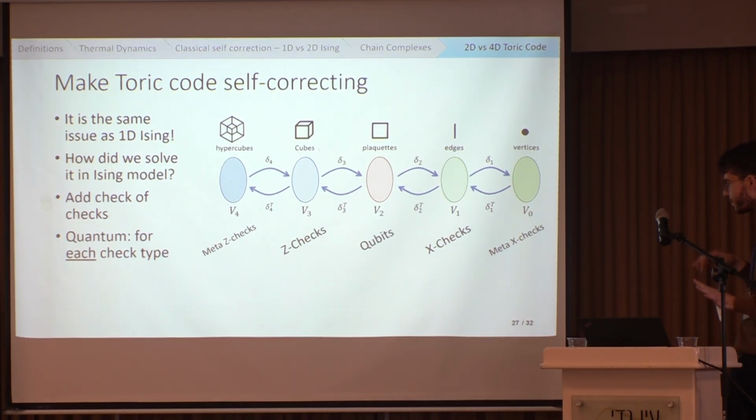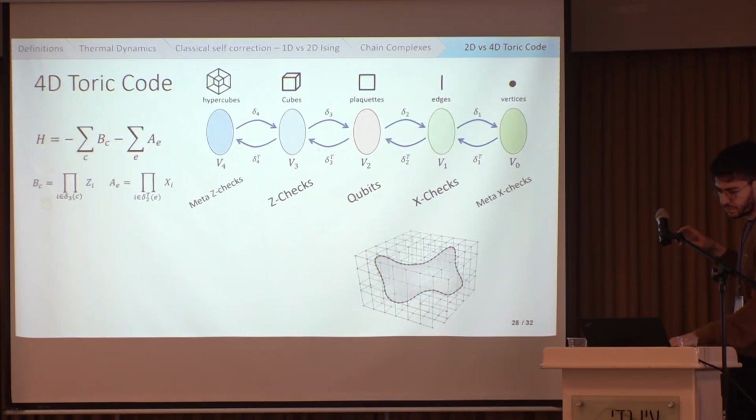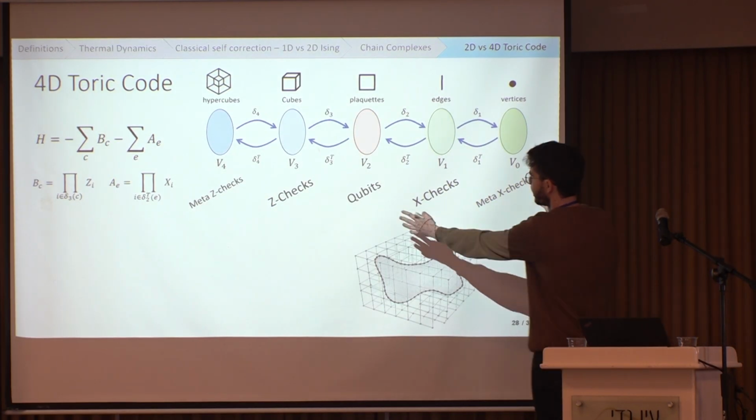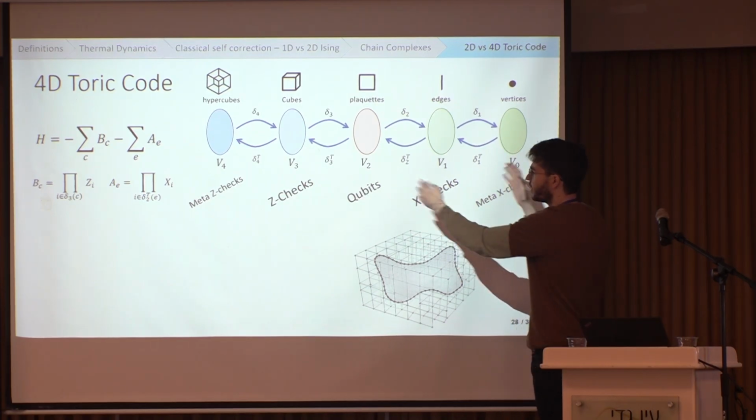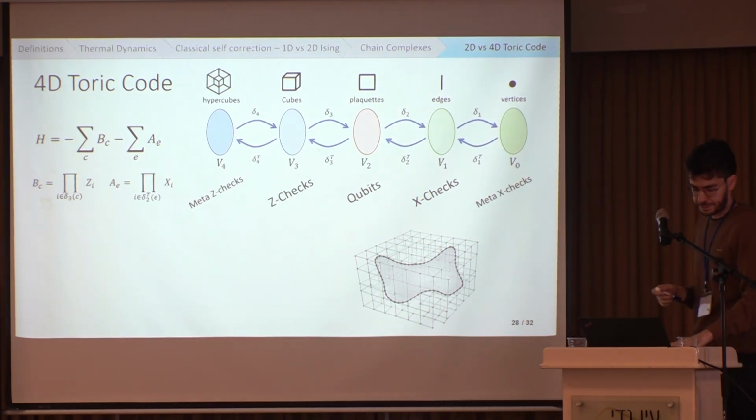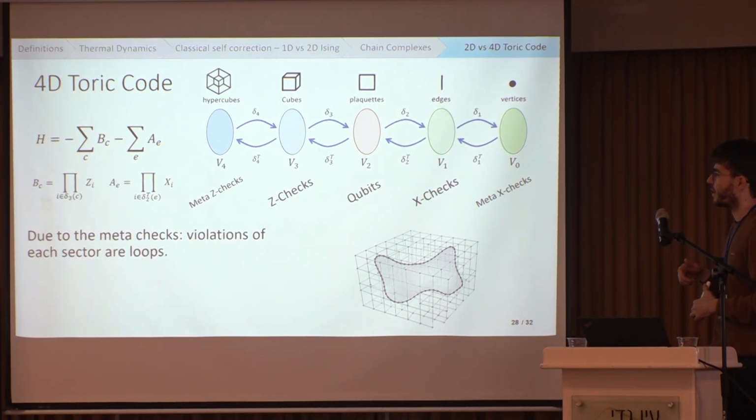The geometry of the 4D toric code is complicated, but it's not very important for the point. The point is that once we do it like this and we get effectively a 2-chain for each check type, we get violations that are a loop for each sector.